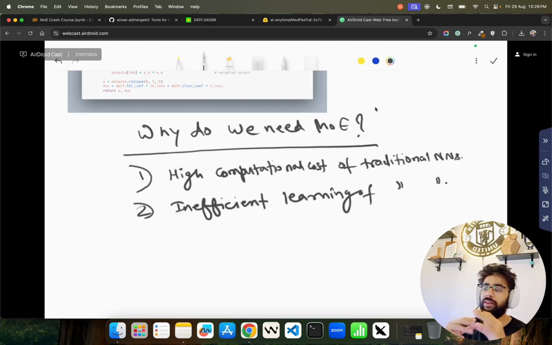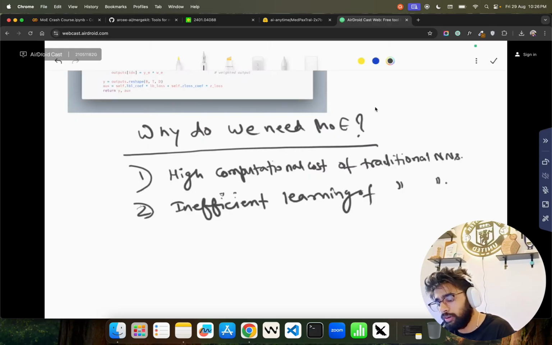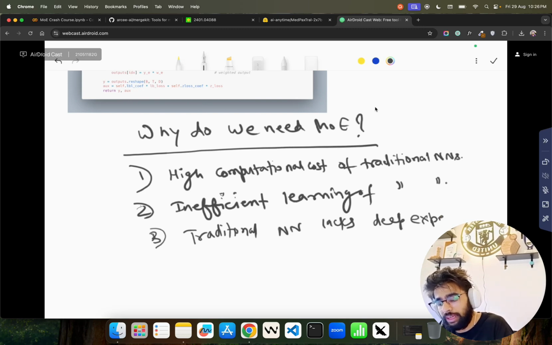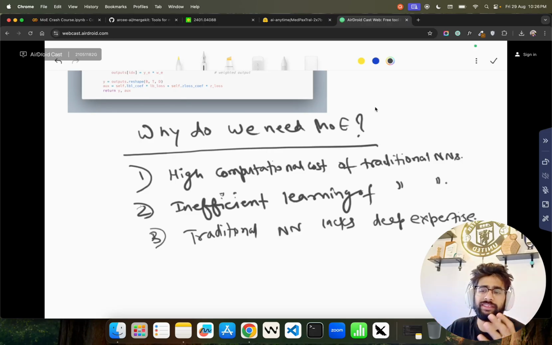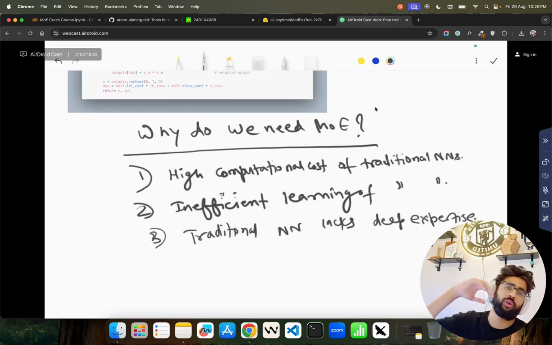Means parameter interference across tasks, which is not good enough in today's world of how we are training models. And lack of deep expertise. So traditional NNs lack deep expertise. They are really shallow, right? So they have broader knowledge but don't have in-depth knowledge, with very poor domain specialization.